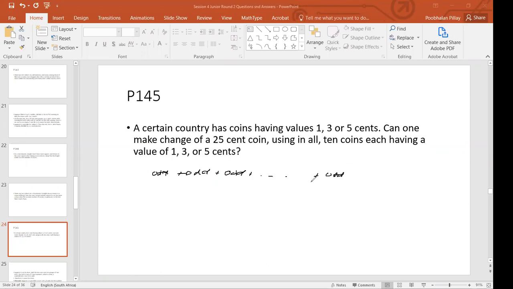Then you're adding 10 odd numbers and you're getting 25. And Duncan says, when you're adding 10 odd numbers, you're going to get an even number. What's the reason for that? Because 2 odd numbers will give an even number. Agreed? Agreed.